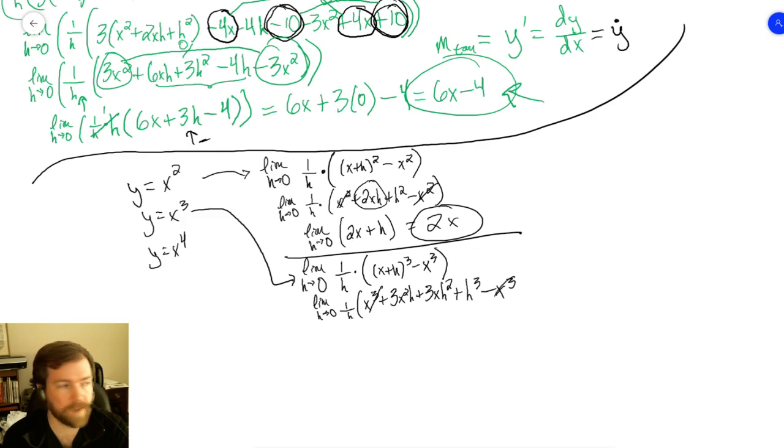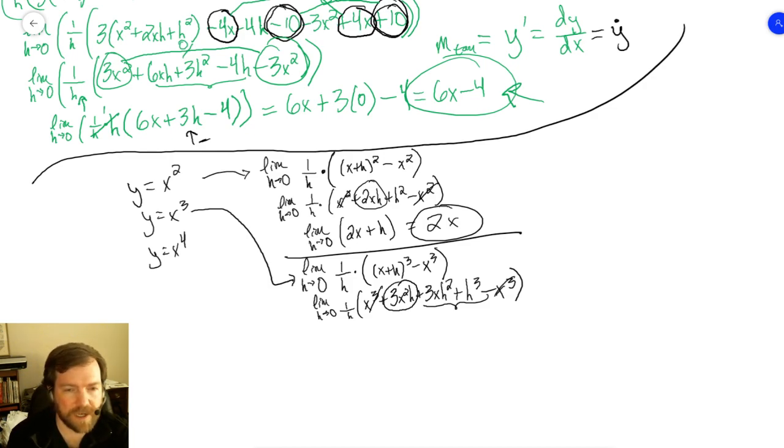So the first term's wiped out. The rest of these terms have more h's than can be divided, so they are going to become 0.